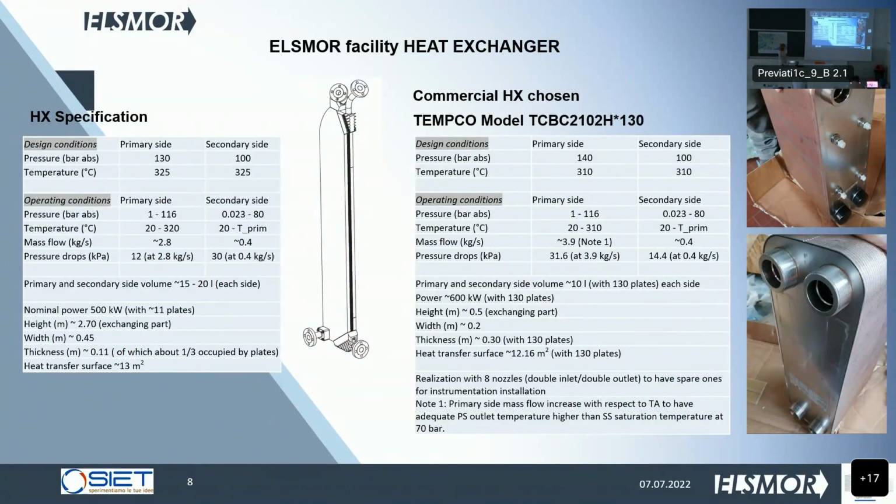The water flow rate on both primary and secondary side was specified, and also pressure drops. We had some dimensions for it and the nominal power to be transferred.